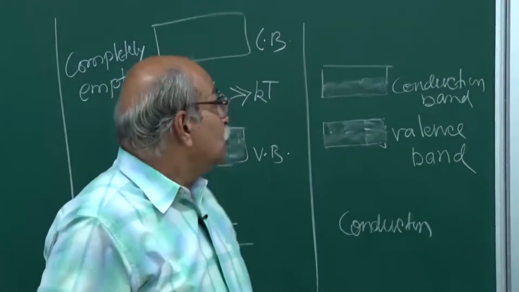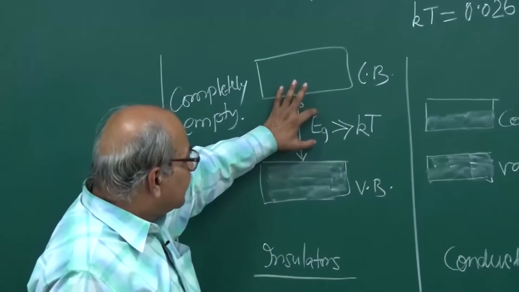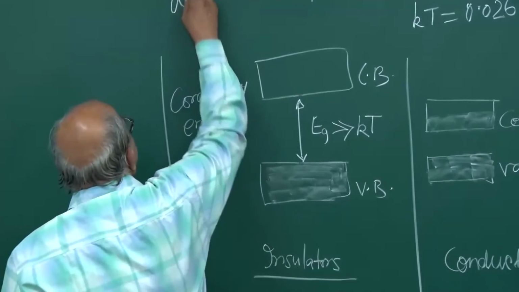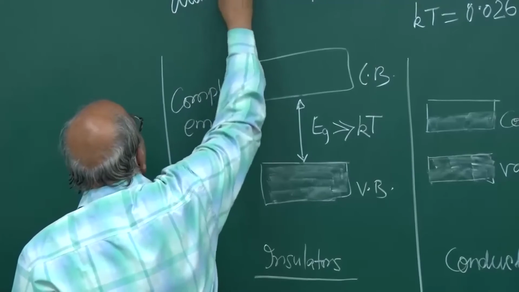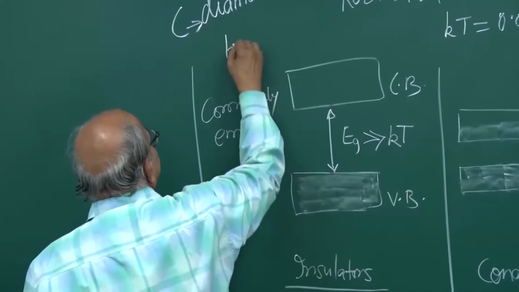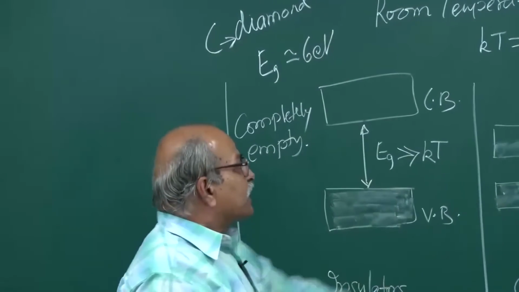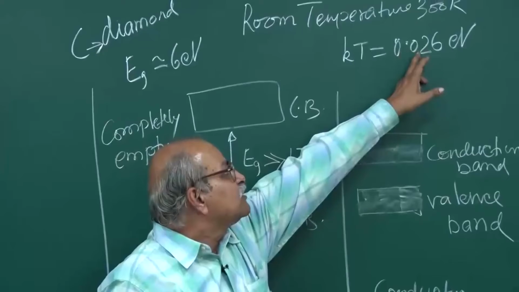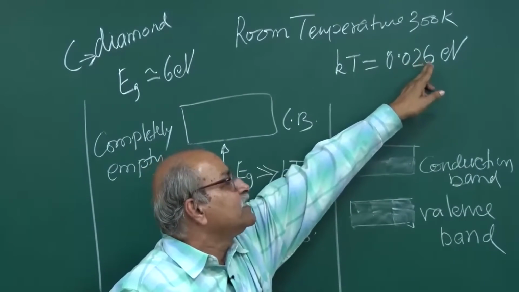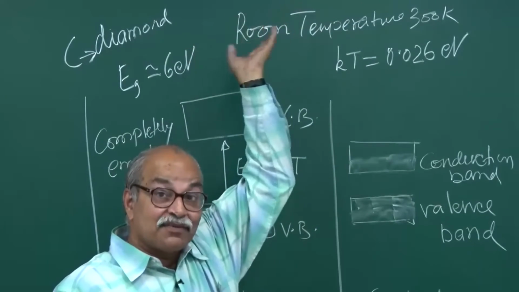So if you have this kind of situation where the gap is large, let us say for example carbon in diamond form, this gap Eg is about 6 electron volts. So compare, 10 times kT will be 0.26, 100 times will be 2.6, and this is 6, so several hundred times kT.